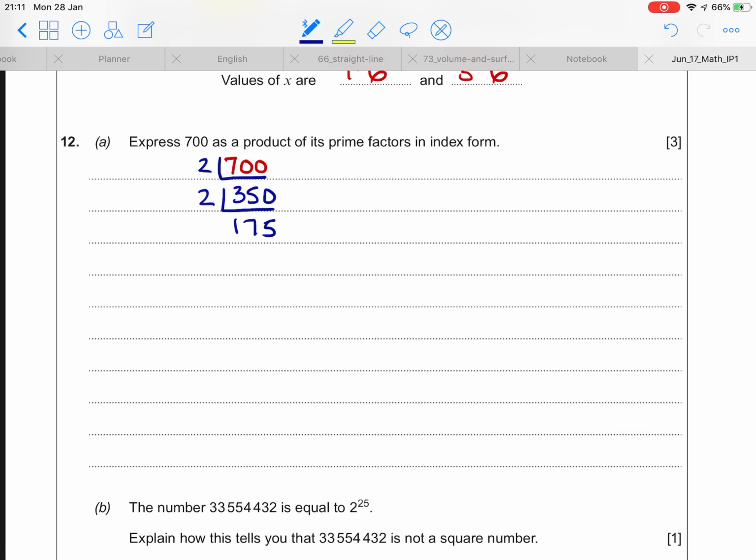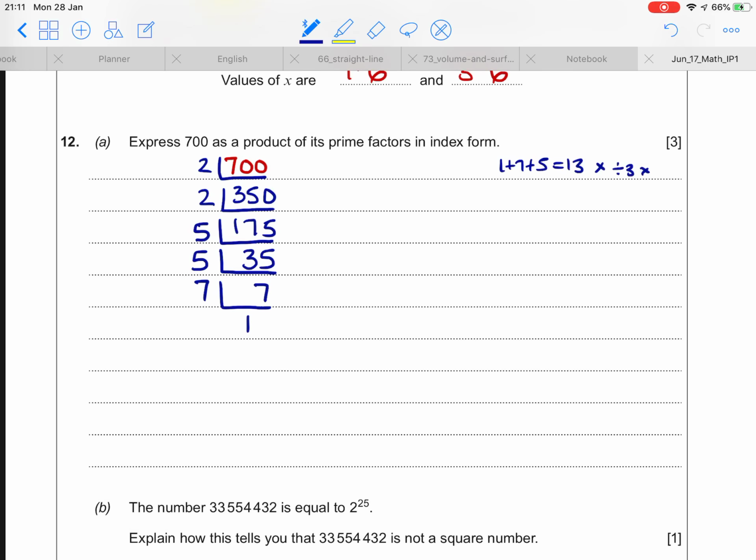So now I try something bigger. 3 won't go into this, I can tell, because if I add 1 and 7 and 5, I get 13. That's not in the 3 times table, so I can't divide this by 3. So I'm going to divide it by 5. 5 into 175 goes 35. 5 into 35 goes 7. 7 into 7 goes 1.